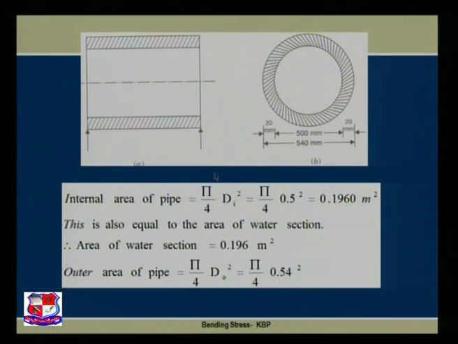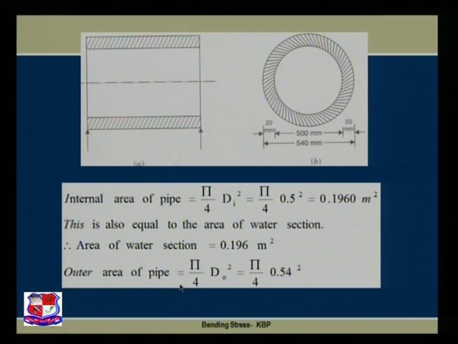Now, the internal area of pipe is equal to pi by 4 di square, that is pi by 4 into 0.5 square, and we achieve 0.1960 meter square. This is also equal to the area of water section, that is the available area for water flowing, 0.1960 meter square.